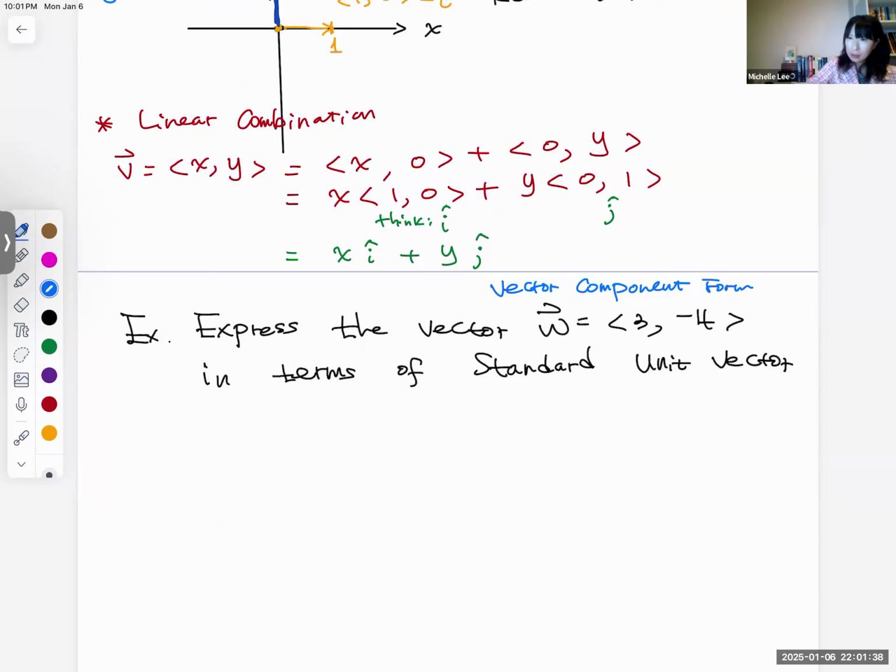So we can say that w equals the first component 3i, second component -4j. That's the standard unit vector form or linear combination form, right?